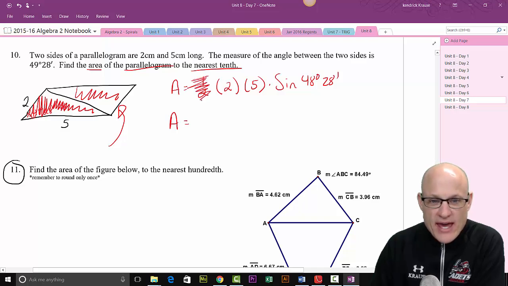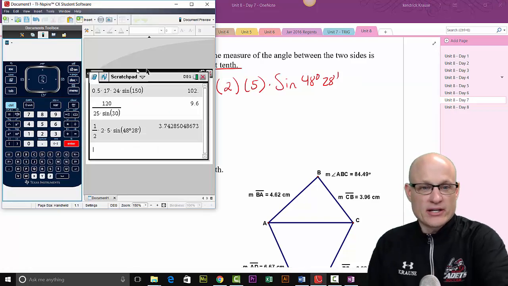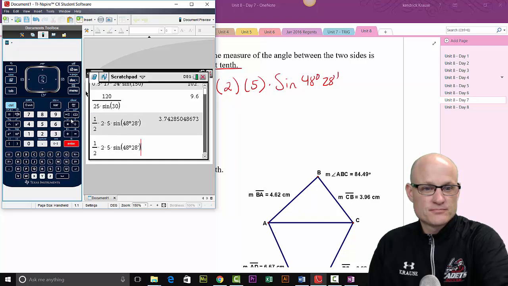Because really what you're doing is finding the area of this triangle and multiplying it by 2 to get the whole thing. So we'll just get rid of the half. So if I redo this and I just get rid of the half, and I hit enter, it'll be double.